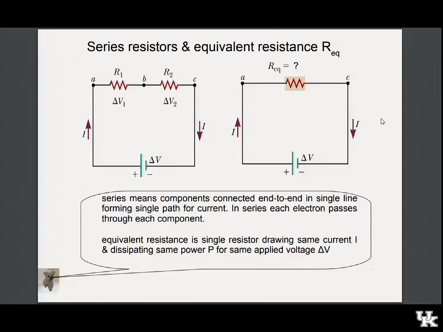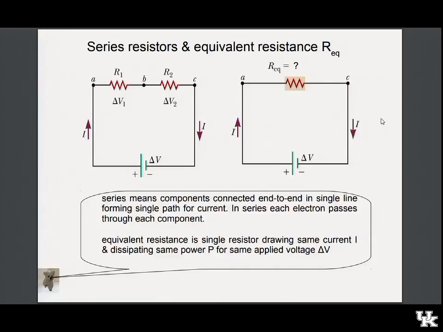In a series resistor circuit, the equivalent resistor, and we're going to figure out the equation for this equivalent resistor, means that if you apply the same voltage to that equivalent resistor, it draws the same current as the pair of series resistors.